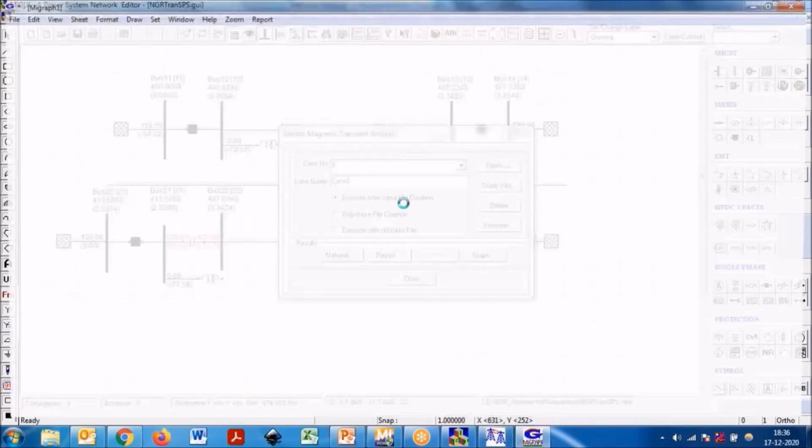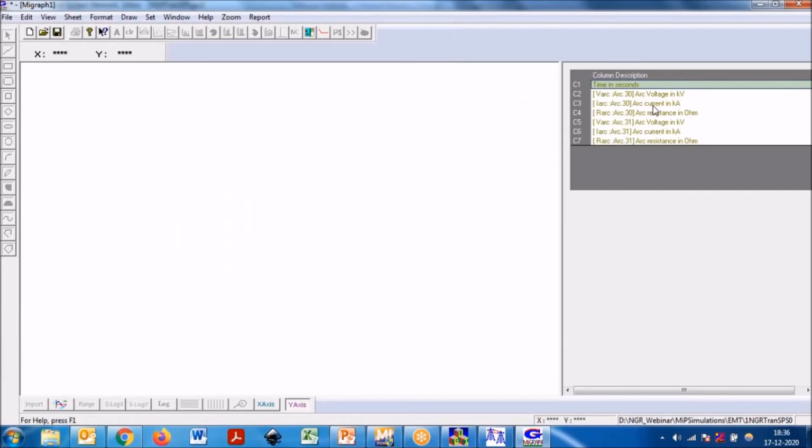So just let me show the arc current for both the cases.